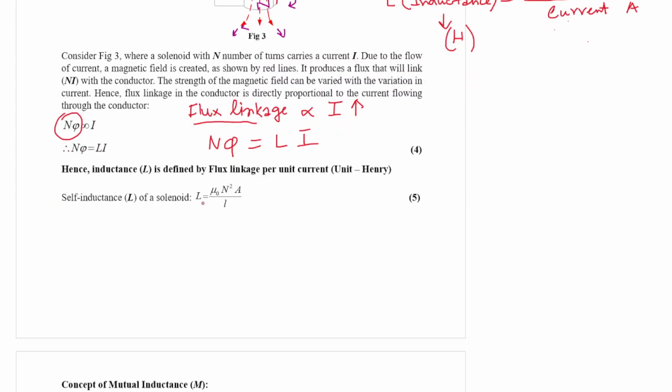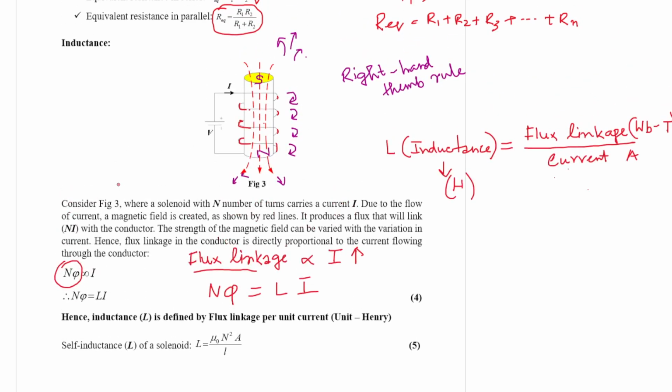So what is the definition of inductance? Inductance is a parameter due to electromagnetism, and it is defined by flux linkage per unit current. This is the definition of inductance. Unit is Henry.